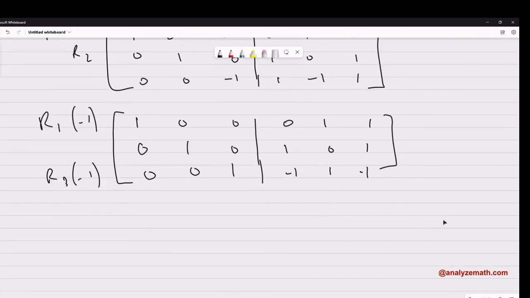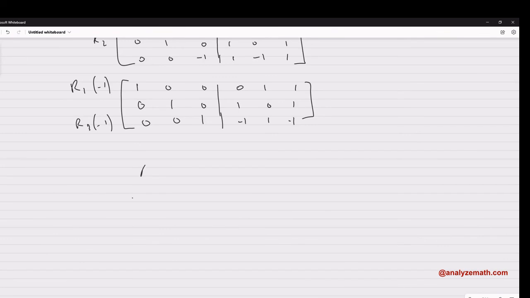Now remember, at the beginning we said this is going to be our inverse. Let's see why. Let's call it B. We started with the equation A times A inverse equals I3. This is known, and this is the unknown.